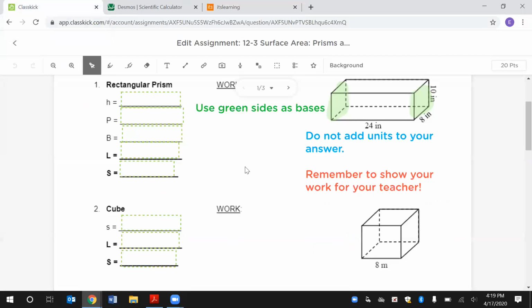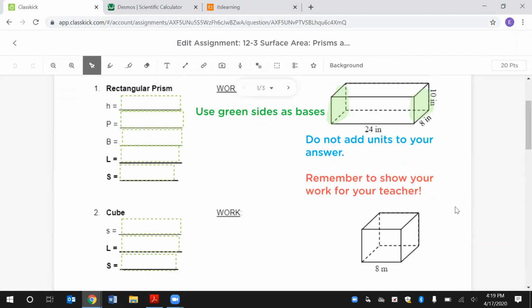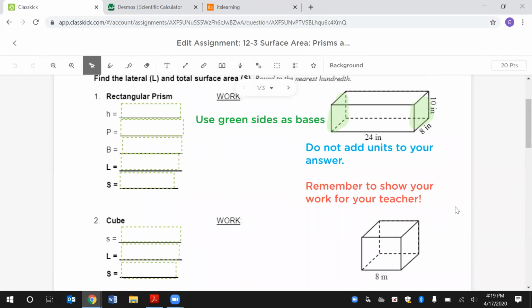All right, so on those first 2 videos, I do explain how to do some of these ones, and I do talk about the formulas that we use. But there is one blank that is gonna change every time because you have different shapes. The B, capital B, stands for area of the base.